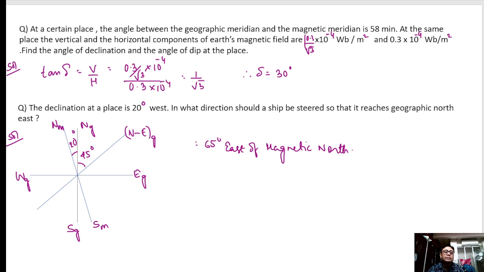Next, at a certain place, the angle between geographic meridian and magnetic meridian is 58 minutes. The angle between geographic meridian and magnetic meridian is called the angle of declination. That means this.